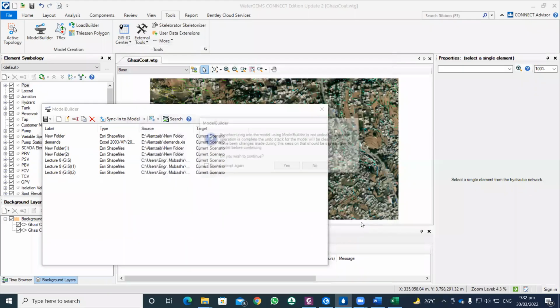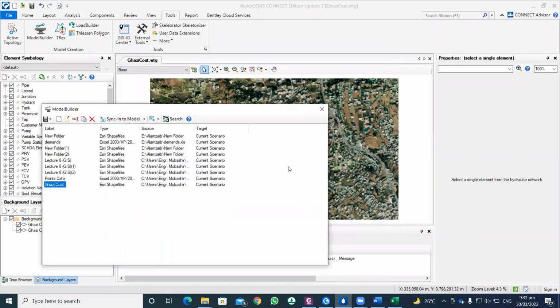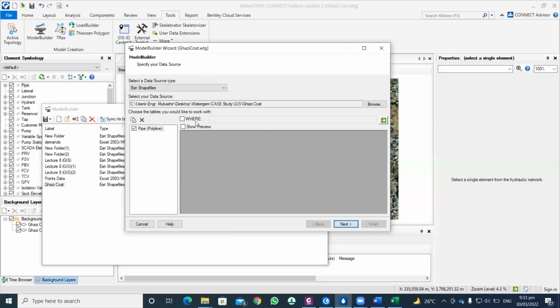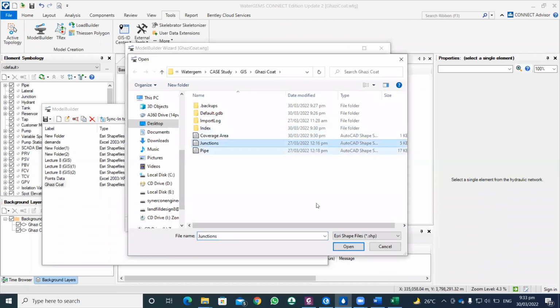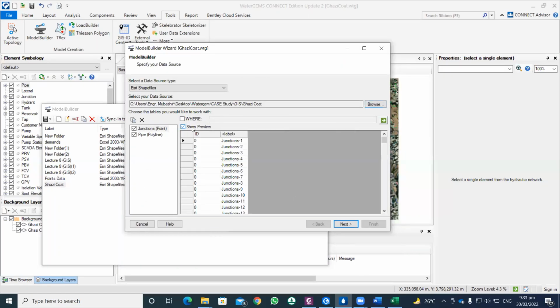Yes, build the model. No, sorry. Let me first import the junctions. I want to import both at one time. The elevation has not been assigned actually.